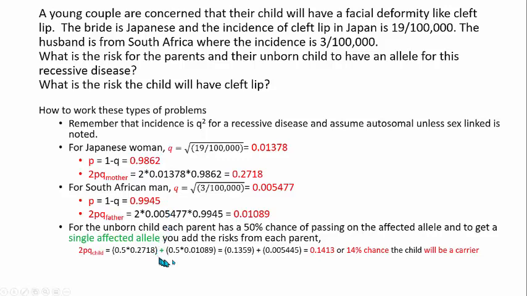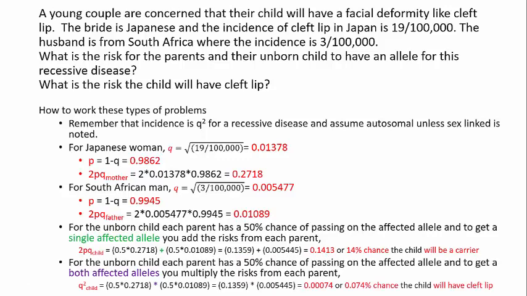So we would add the 2 frequencies. And remember, just like you did in risk assessment, you take the frequency of the mother's risk times 1/2 to get to the child, and the father's risk times 1/2 to get to the child. And then we would add those together. And once we add those together, we get that there's a 14% chance that this child will be a carrier.